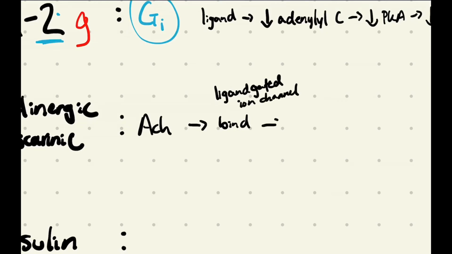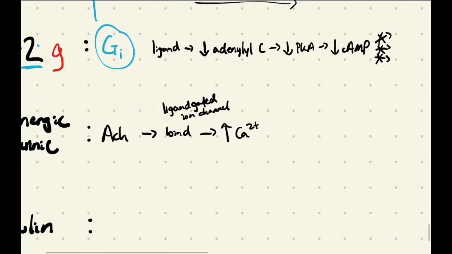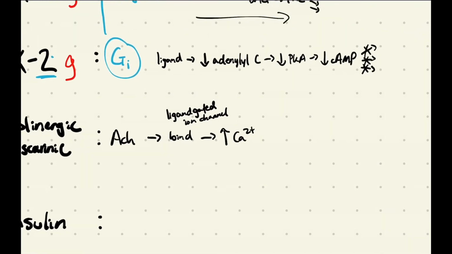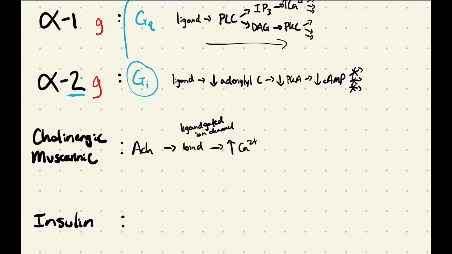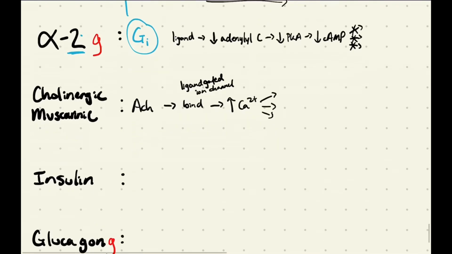And when acetylcholine binds to it, it's going to trigger the release of calcium into the cell. So it's going to have that same effect as your IP3, but it's going to be a direct effect. It's going to directly open up those channels on the cell membrane, and it's going to trigger the release of calcium. And as we said before, calcium can lead to many different effects inside of the cell.